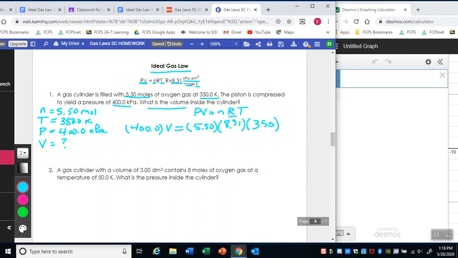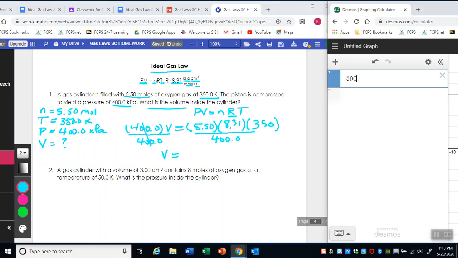Now I want to get volume by itself, so I have to get rid of the 400. So I'm going to divide that on both sides. That's 1 times V is V. And then I'll do this over in Desmos, my 500 times my constant times the temperature, which was 350.